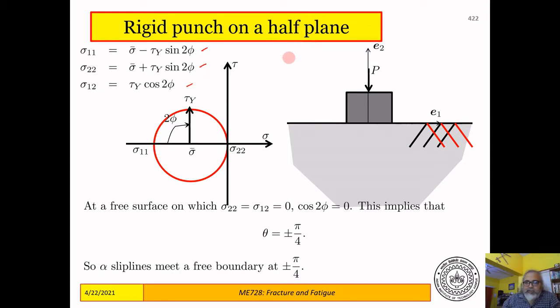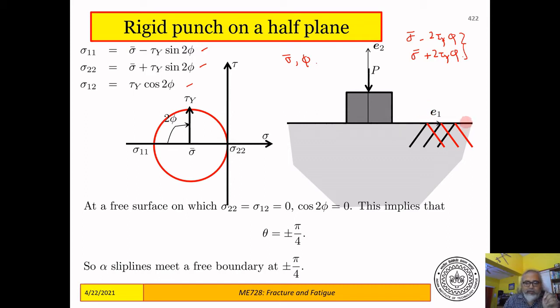Remember, through the slip line fields, we are planning to find sigma bar and phi using the Hencky equations, which say that along an alpha slip line, sigma bar minus 2 tau y phi is constant, and along a beta slip line, sigma bar plus 2 tau y phi is constant. So we know these things. We are going to use this to find phi and sigma bar.